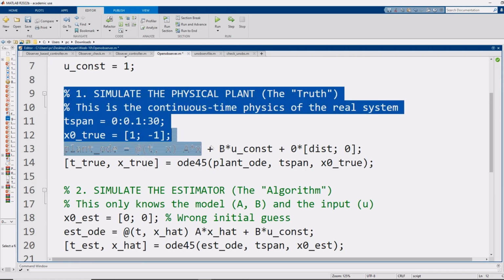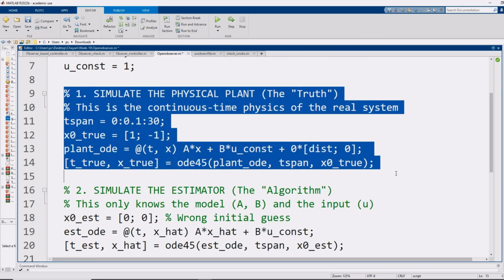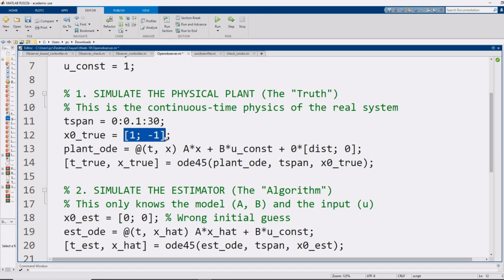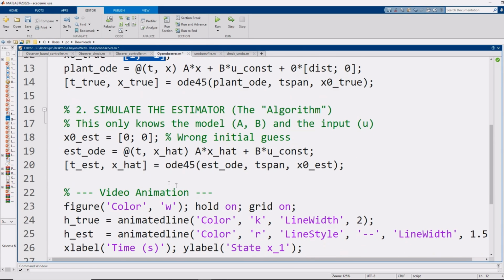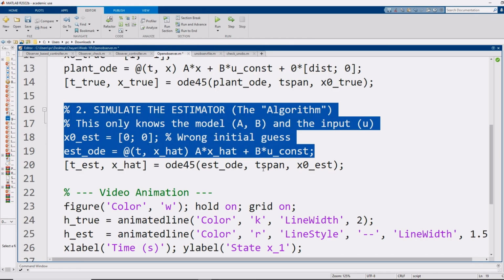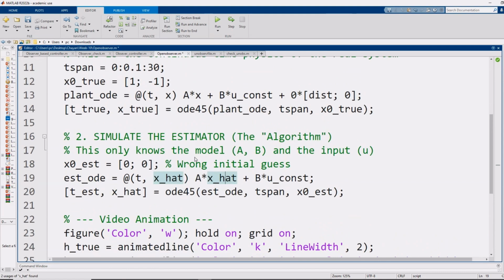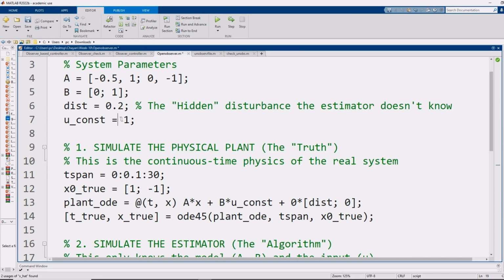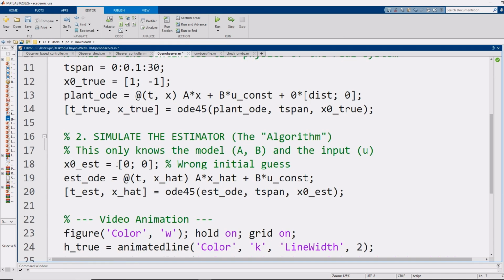This system is running on its own physically, and it has been running for a long time. I created a digital copy of that system using the A and B matrices. U I know, U is 1 here, and I have just assumed that the initial condition is 0, 0. So, a wrong initial guess.